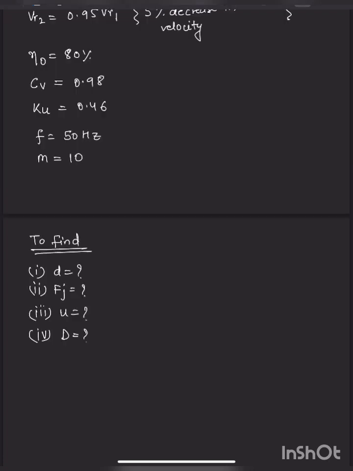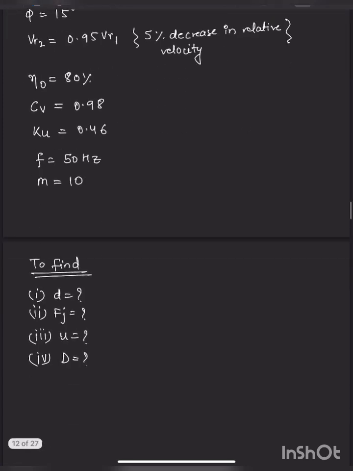Determine the diameter of the jet, the force exerted by a jet on the buckets, and the overall efficiency, given coefficient of velocity and speed ratio. Further, if the jet ratio is not to be less than 10, calculate the speed of the wheel for a frequency of 50 Hz and the corresponding wheel diameter. Okay, so let us begin the solution of this question.